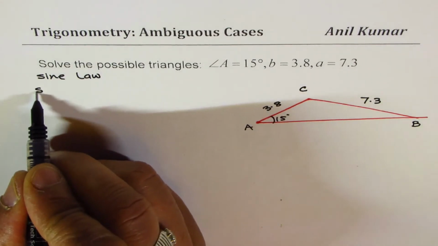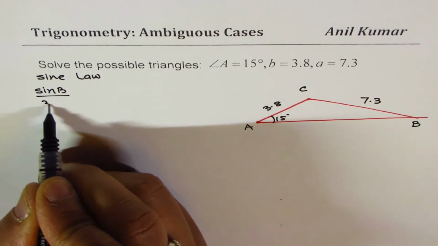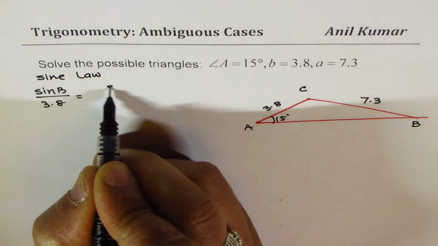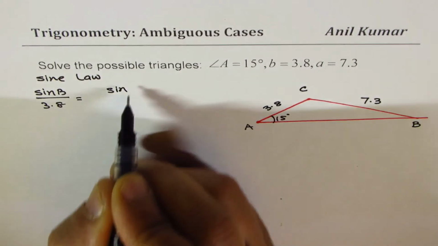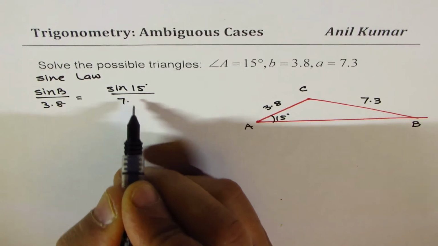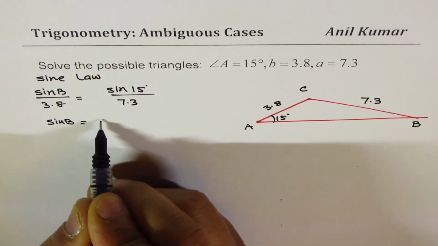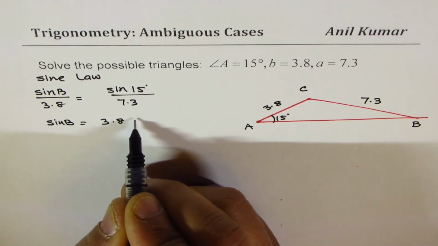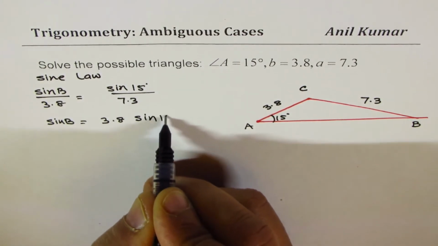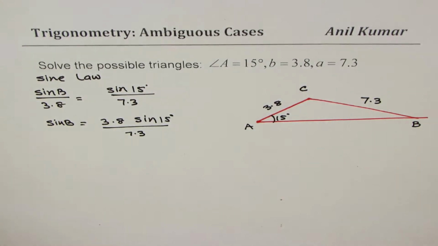So sine of B over the side 3.8 is equal to sine of angle A, which is 15 degrees, over 7.3. So we can say sine B is equal to 3.8 times sine of 15 degrees divided by 7.3, right?